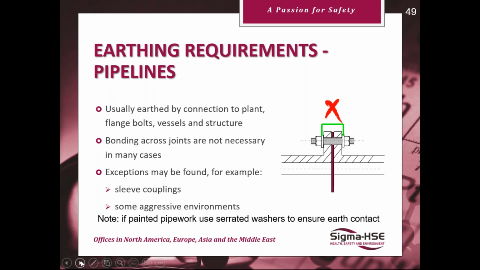Bonding across joints are not necessary in many cases, but you may have sleeve couplings or aggressive atmospheres, corrosive type atmospheres like near the sea. Don't forget, if you've got painted pipework, then if you are going to use the bolts, use serrated washers so they cut through the paint and make contact. And again, when you've done these things, check it. Make sure you measure R less than 10 ohms.